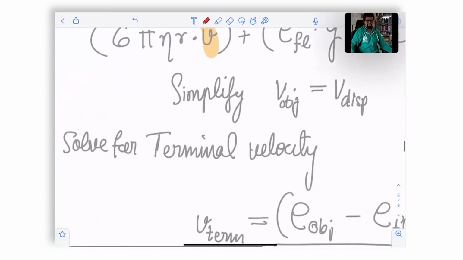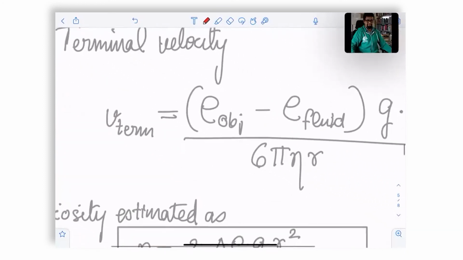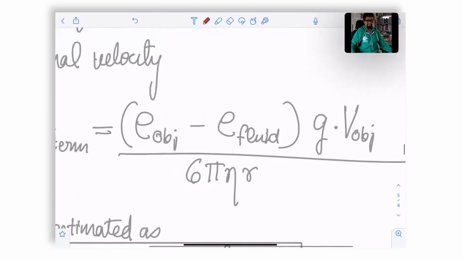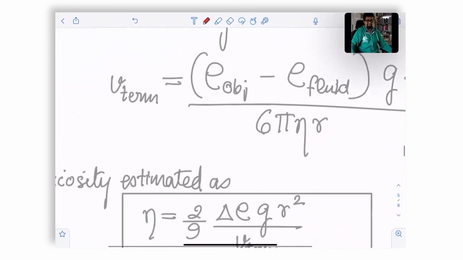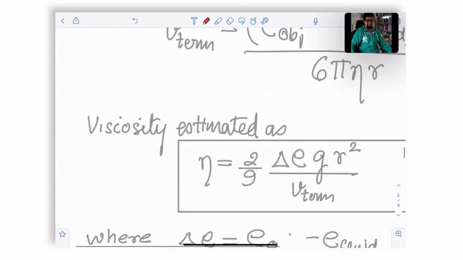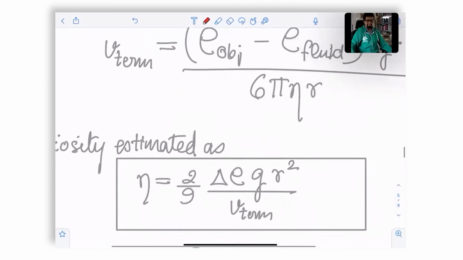And therefore, when we solve for terminal velocity, we get v terminal is equal to rho object minus rho fluid into g times V object upon 6 pi eta r. Eta, remember, is viscosity. And so now, this is nice, because viscosity can be estimated as eta is equal to 2 by 9 into delta rho g into r squared upon v terminal.